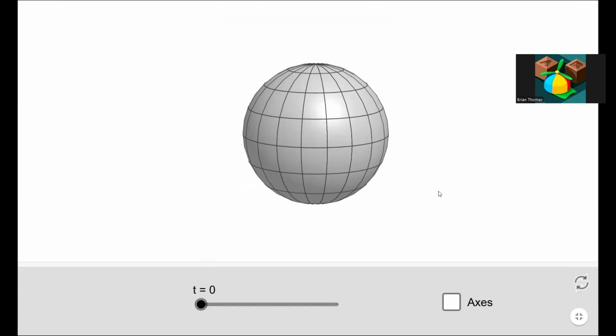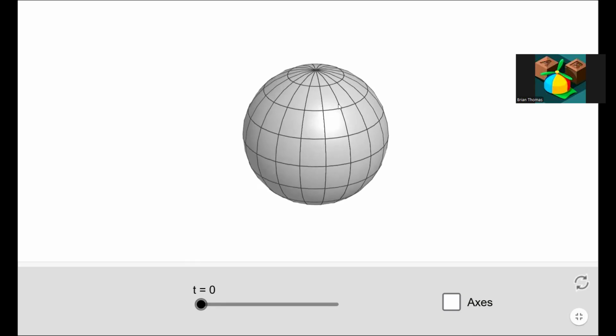So again, a sphere is just a three-dimensional circle, so you almost see rings. And notice how the rings get fatter and smaller as well. I can move this around a little bit.